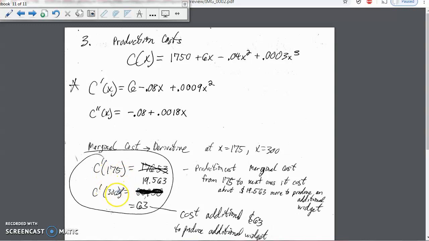And plug in 300. So the cost around 300 widgets, from 300 to 301, would be about $63. And the only reason I say about is because it's constantly changing. So it looks like it's much more expensive to produce 300 plus widgets than to produce 175. And that is the answer for number 3.